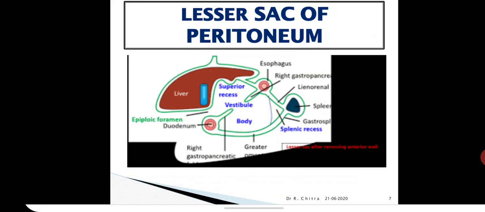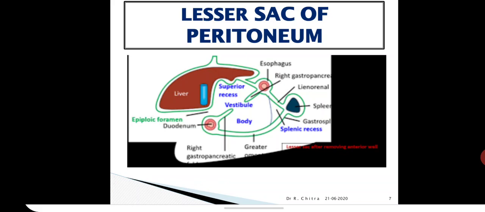The lesser sac is encroached on by two sickle shaped peritoneal folds. Are you seeing two folds inside the lesser sac? They are known as the superior and inferior gastropancreatic folds, or right and left.